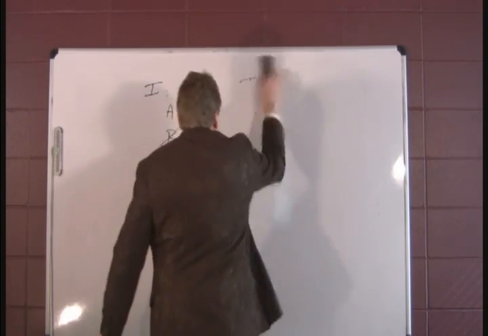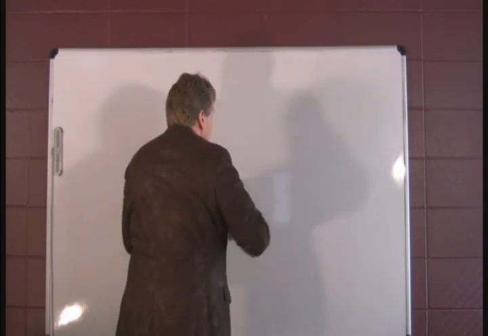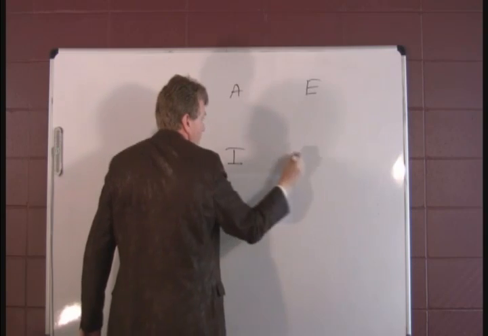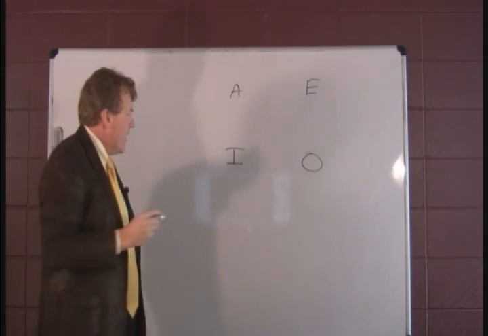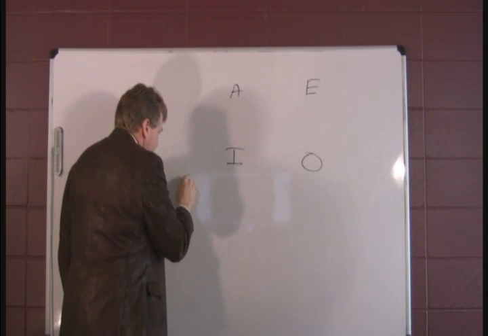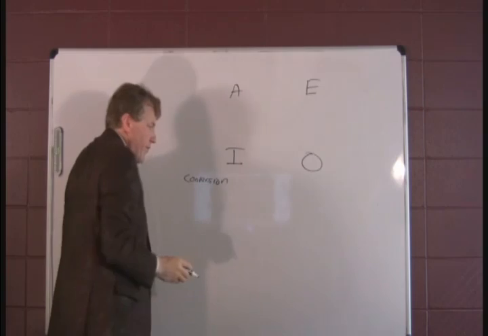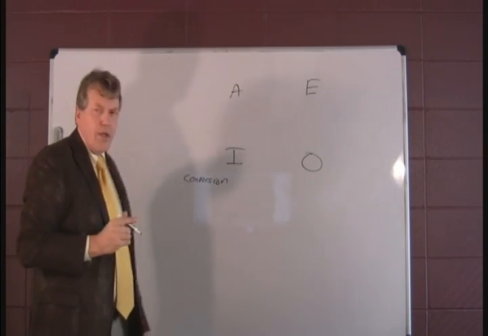Now, back to our A, E, I, O. We have a rule that Aristotle points out. It's called conversion. A conversion is when you take the terms and you commute them.